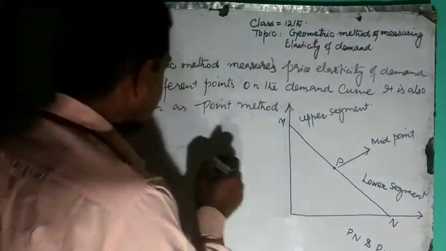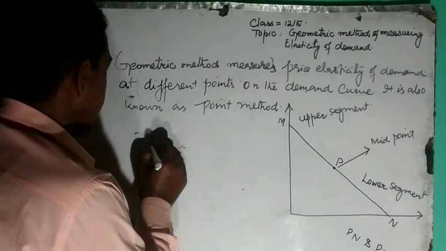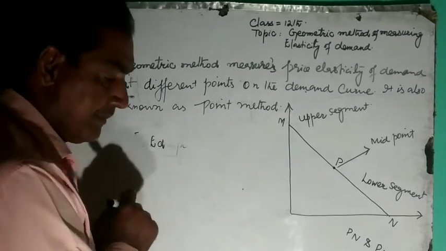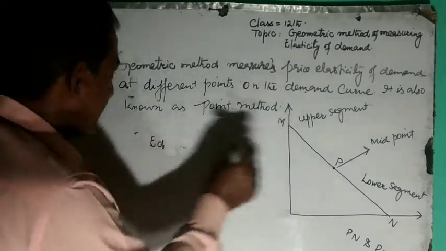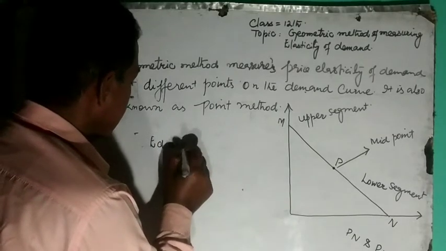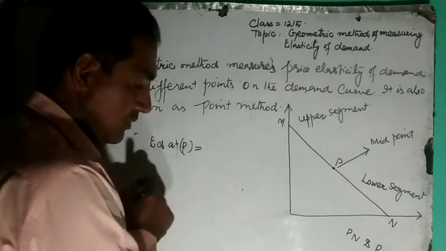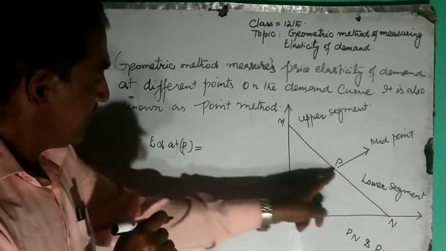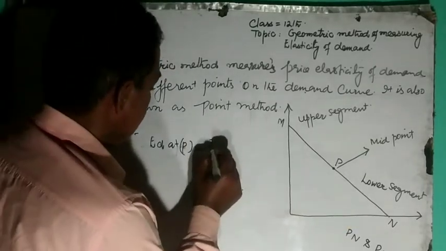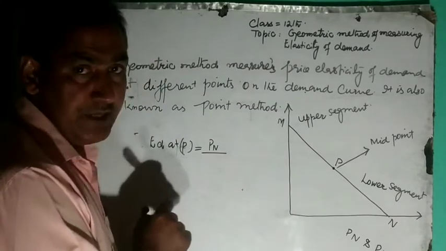Accordingly, we will write elasticity of demand at point P is equal to Pn divided by Pm.